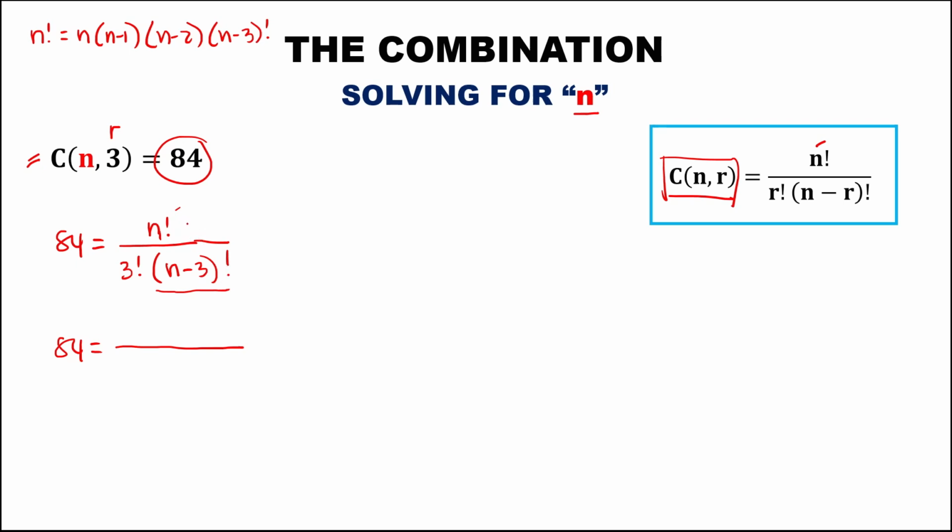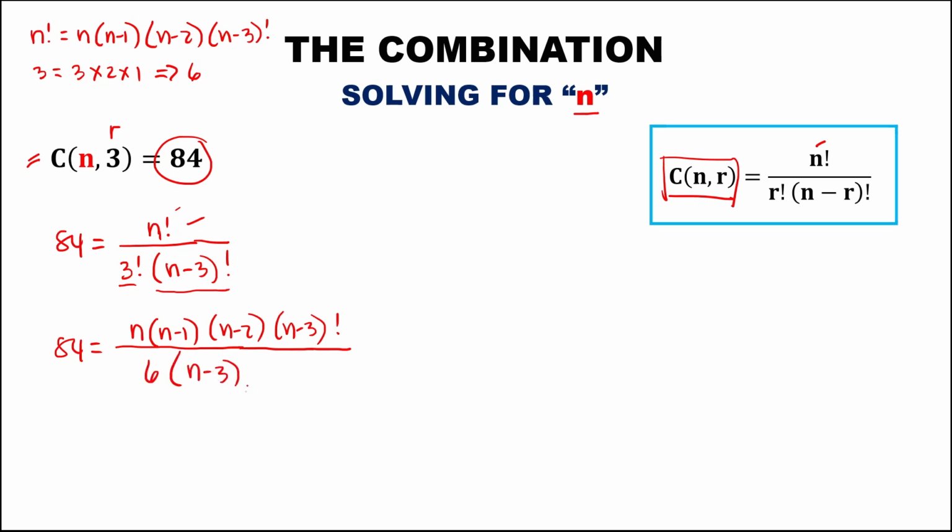So this n factorial becomes n times n minus 1 times n minus 2 times n minus 3 factorial over 3 factorial. Now 3 factorial is equal to 3 times 2 times 1, and this is equal to 6. So we have 6 times the quantity of n minus 3 factorial.